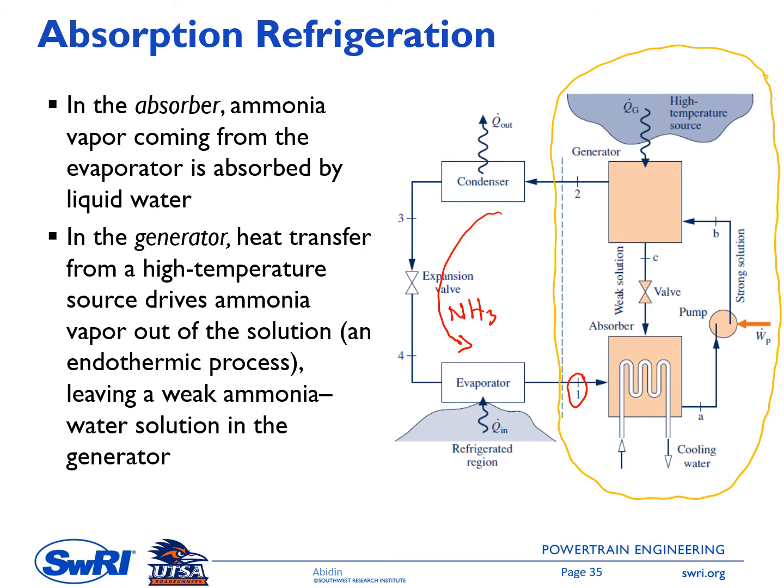Inside the absorber, ammonia mixes with the liquid water, and the process of this mixing is an exothermic process. Therefore we need a cooling liquid, in this case cooling water, to remove the heat generated during this mixing process.